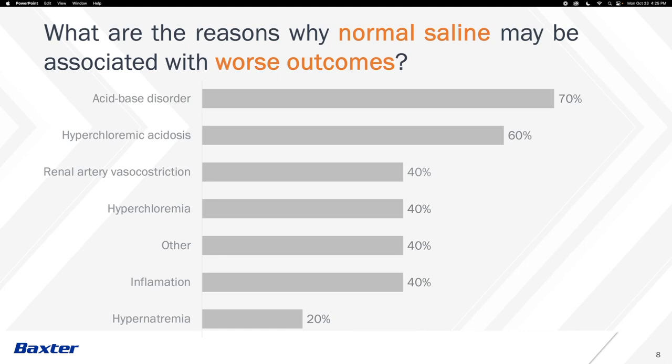You've got a pH of LR, which is 6.5, so we're doing a little bit better. And then the pH of Plasma-Lyte is around 7.4, which is more obviously just like normal plasma. So there are other reasons why normal saline may be associated with worse outcomes, including renal artery vasoconstriction, maybe just contributing overall to more inflammation and also hypernatremia. So those things are important to consider when you're deciding on fluid choice.